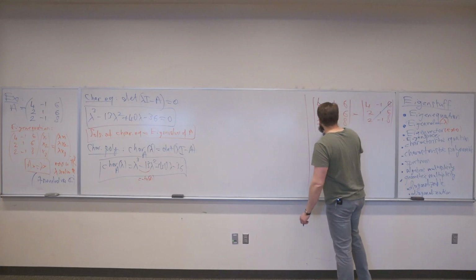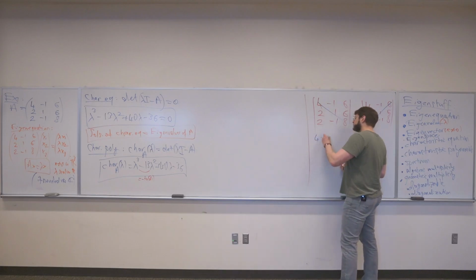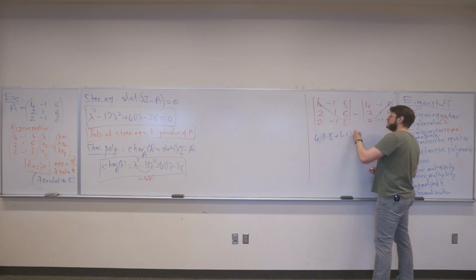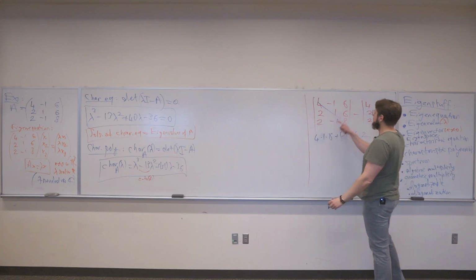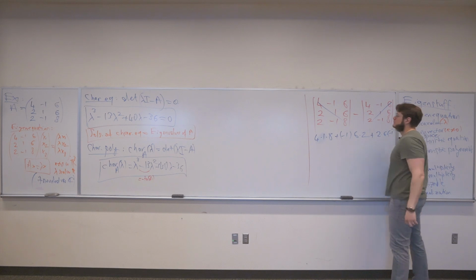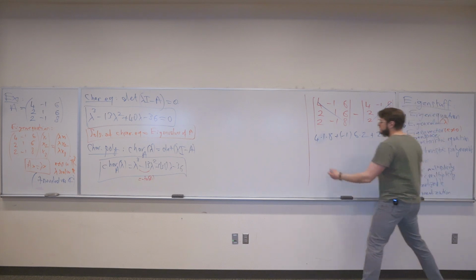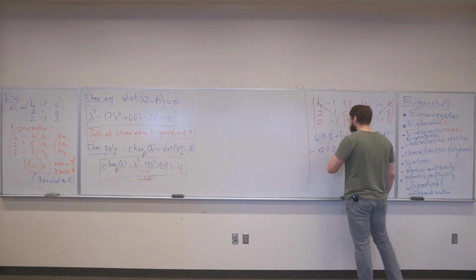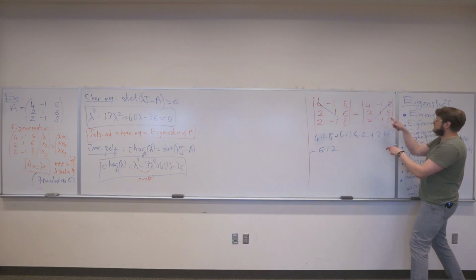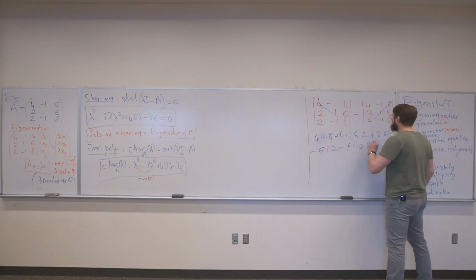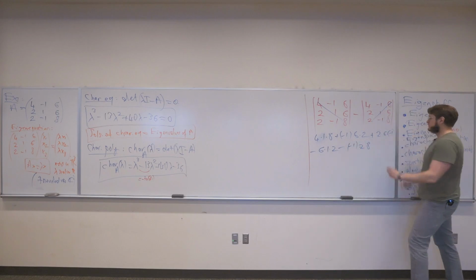Let's be explicit. 4 times 1 times 8, and then minus 1 times 6 times 2, and then plus 2 times 6 times minus 1. And then I have the negative terms coming from this, minus 6 times 1 times 2, minus this, minus this.